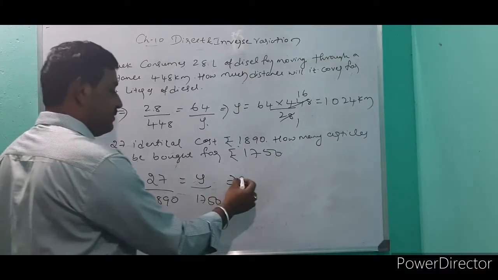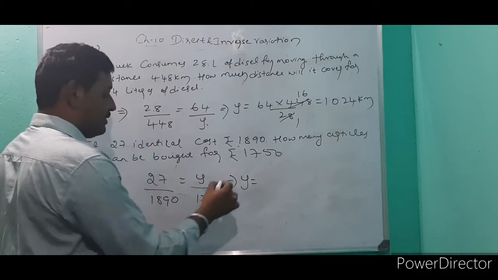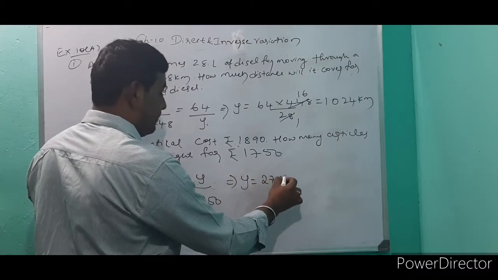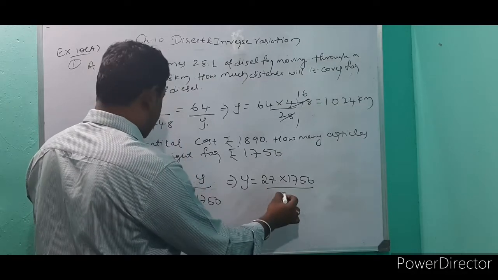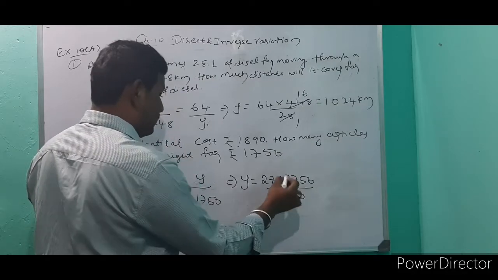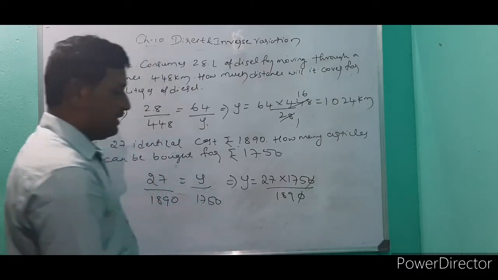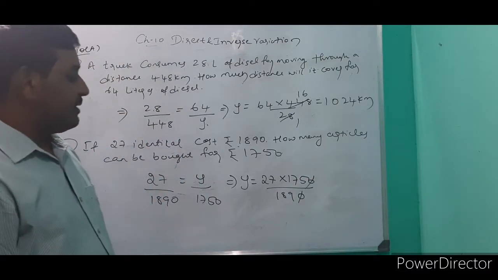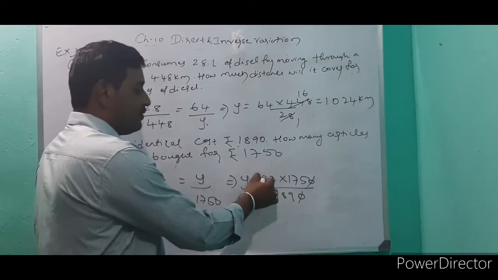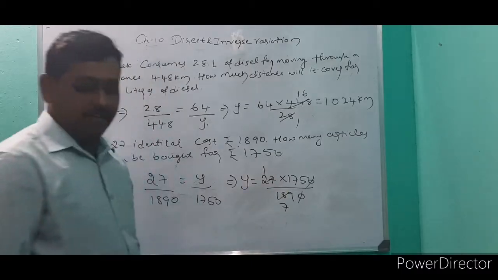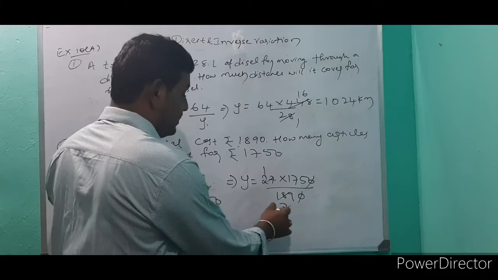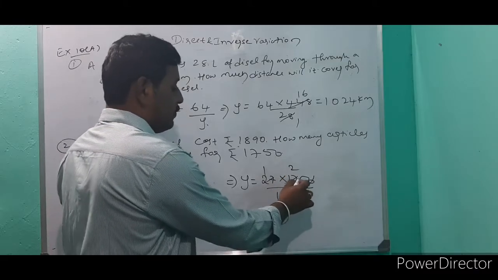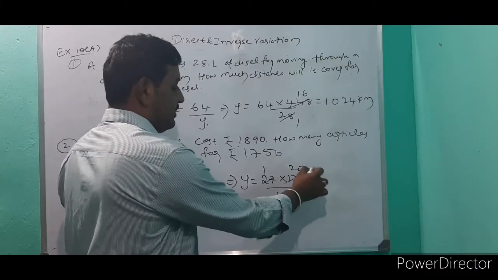This implies y is equal to cross multiply, 27 into 1750 divided by 1890. 0 gets cancelled. If you divide 27, 7 ones are 7, 7 twos are 14, 3 is remaining, 7 fives are.